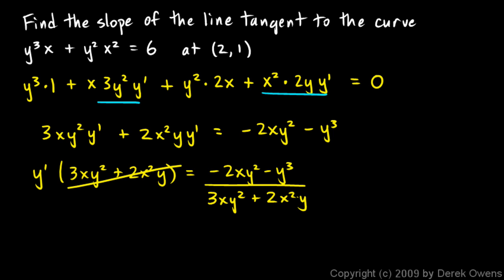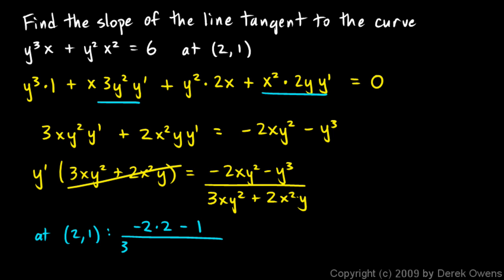Now I need to find the slope at the point (2, 1). So I'm just going to put 2 in for x everywhere an x appears there, and a 1 in for y. And having a 1 there is kind of nice because all these y's and the y cubed and y squared and all of that will just go away because they'll just be factors of 1. So at this point, (2, 1), this is what I get. I have the negative 2 up there times x, which is 2, times y squared, which is 1, minus y cubed, which is 1.